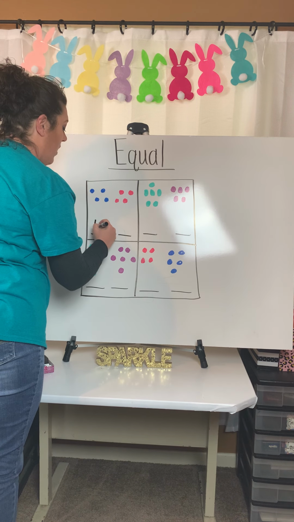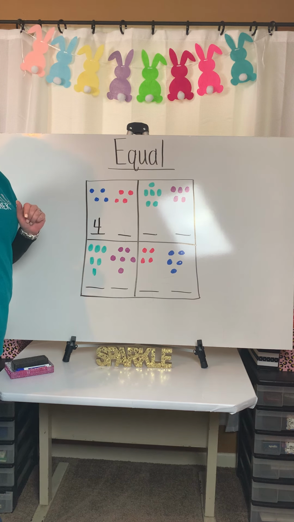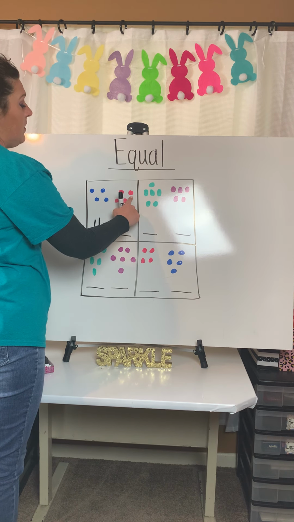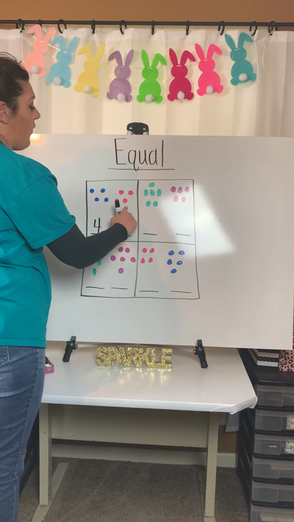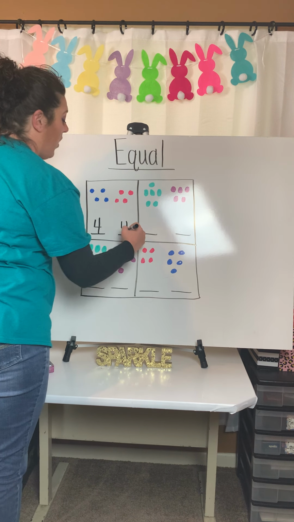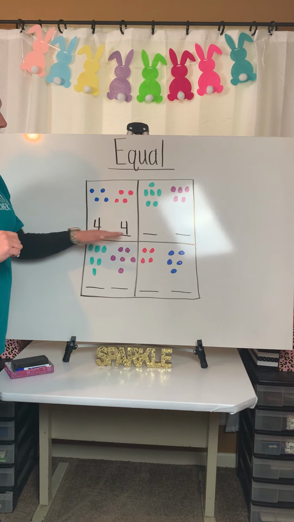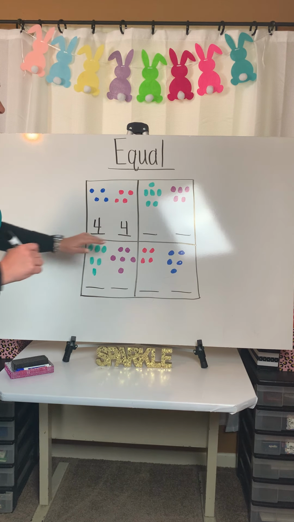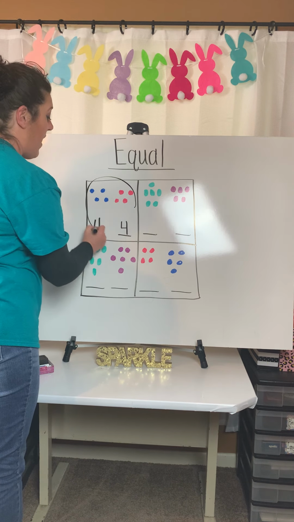We have 4 blue dots. Now let's count our red dots. 1, 2, 3, 4. We have 4 blue dots and 4 red dots. Are those equal or the same? They are. We have the same number of both.